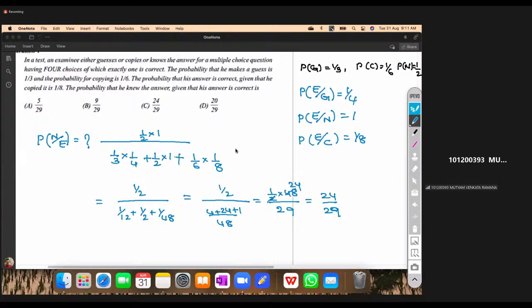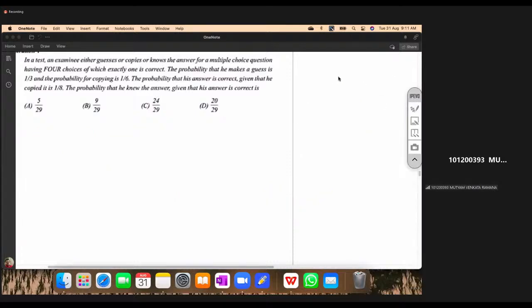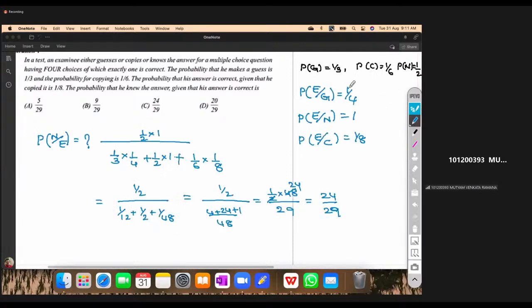Right. Let me explain once again. A student can go for guesswork 1 out of 3 times. He can copy 1 out of 6 times, and he knows the answer in the remaining cases, that is 1/2. If he's going for guesswork, what is the chance of getting the correct answer?